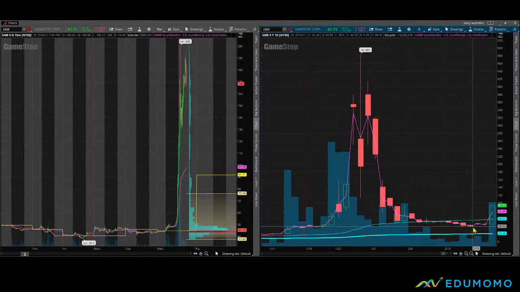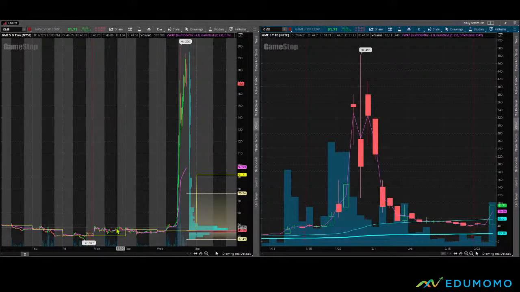So I started looking at this. This flush out right here from Friday, when we ate it, and then this, I think it was a Friday or Monday. Anyways, whenever we dumped and then reclaimed, we had this flush out and this dip on Monday, and it pushed and held.